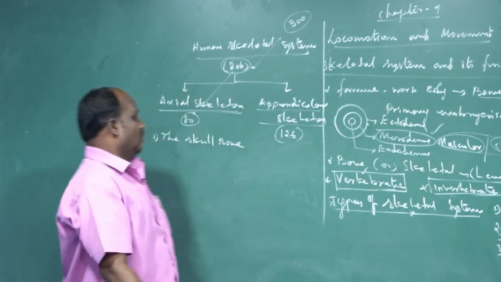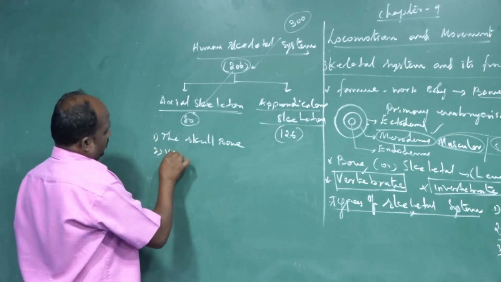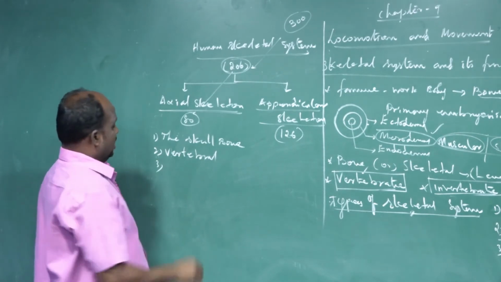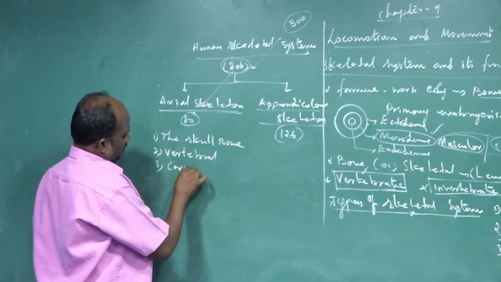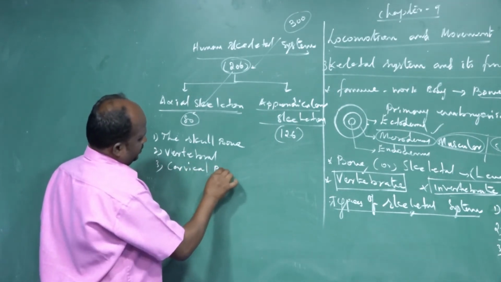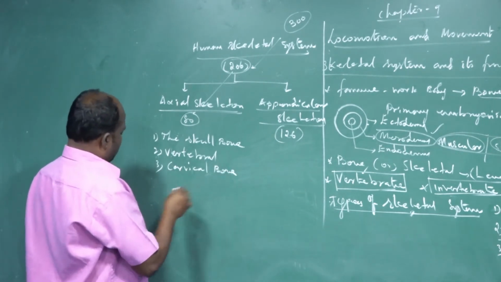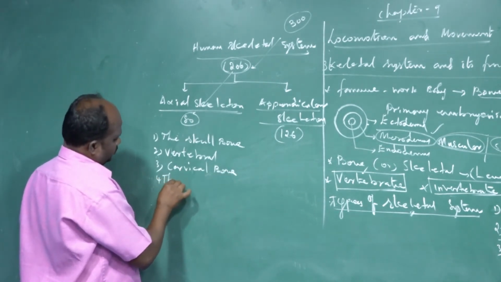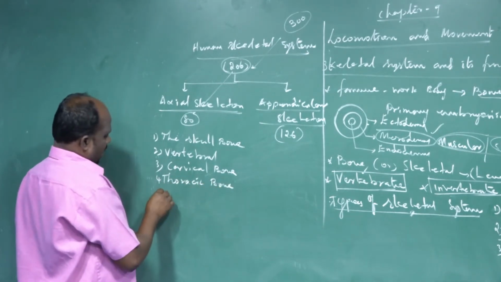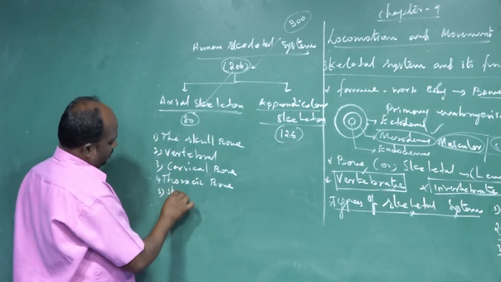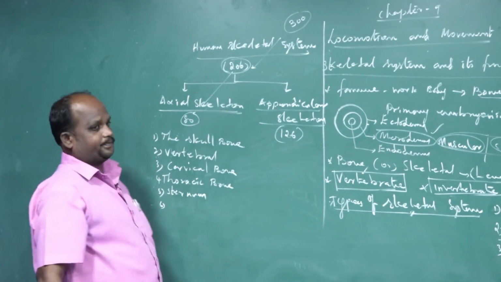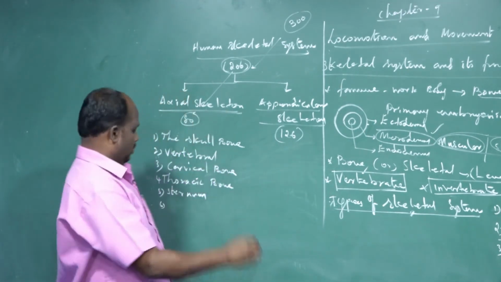The second one is vertebral bones, third is cervical bone, fourth is thoracic bone, fifth is sternum, and sixth is hyoid bone.